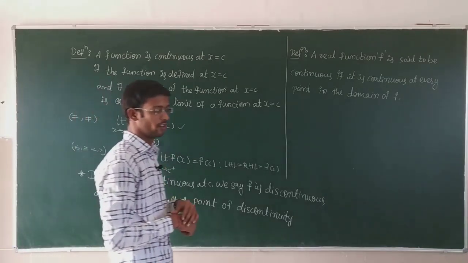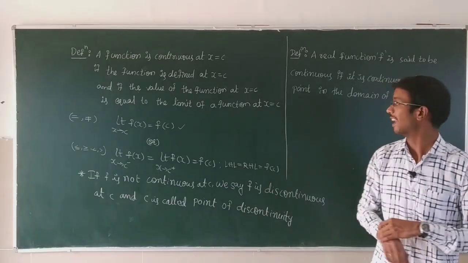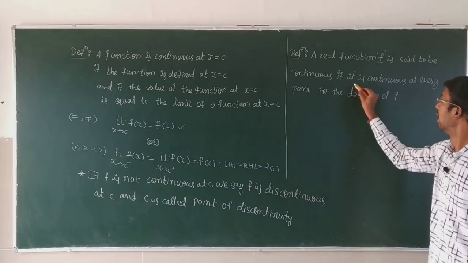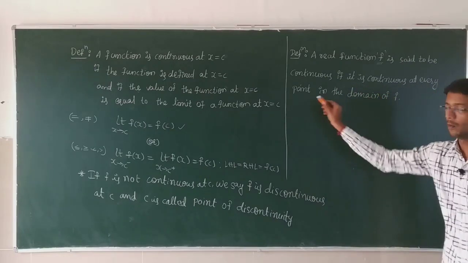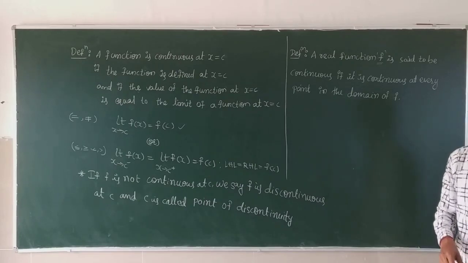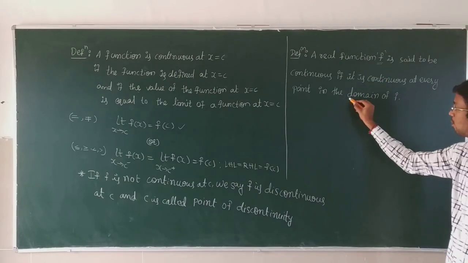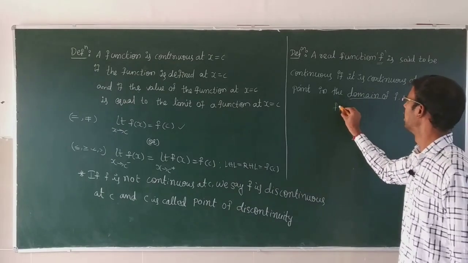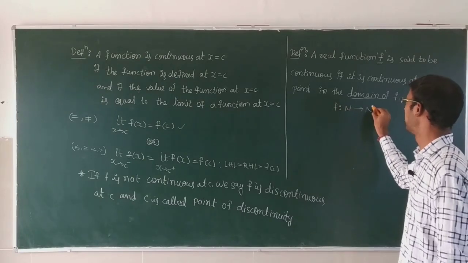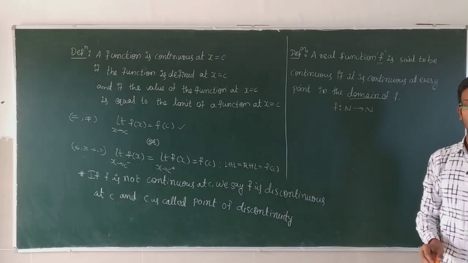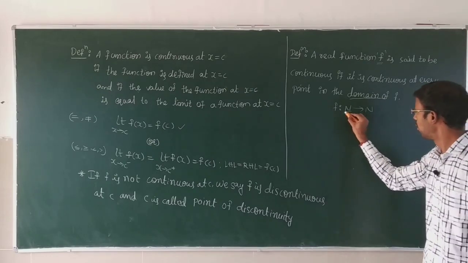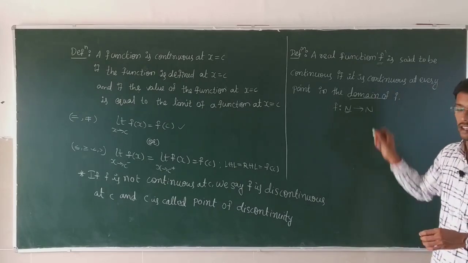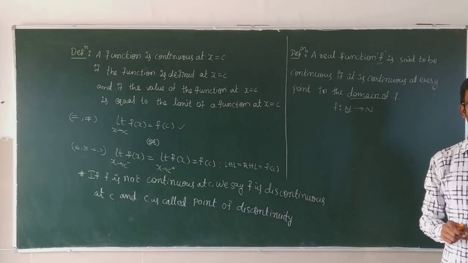The next definition: a real function f is said to be a continuous function if it is continuous at every point of its domain. For example, for a function f mapping from natural numbers to natural numbers, when f is continuous at every natural number in the domain, that function is a continuous function.